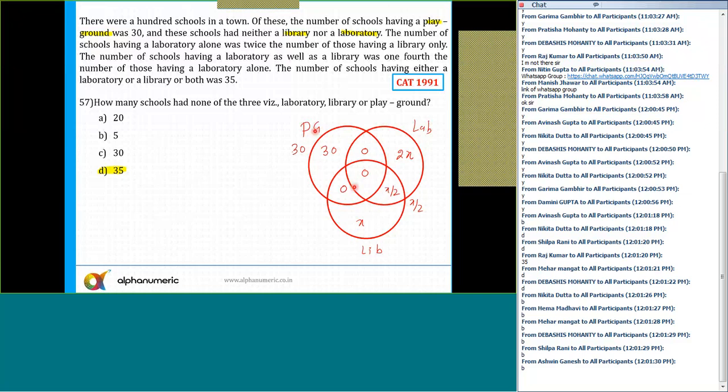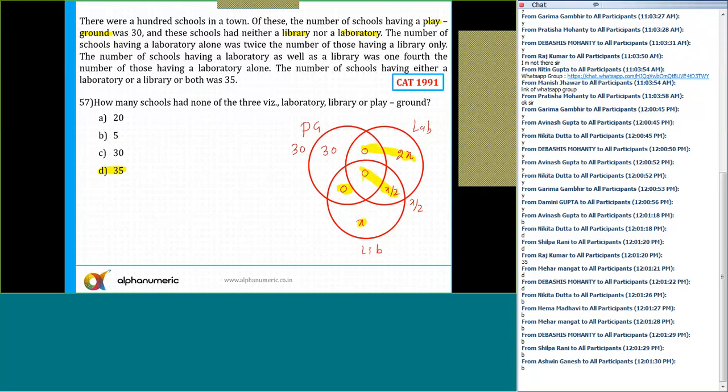And the last point, the number of schools having either a laboratory or a library or both is equal to 35. So what is this 35? It is everything excluding the playground-only region.